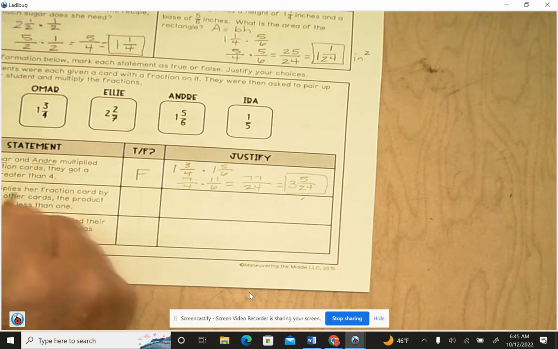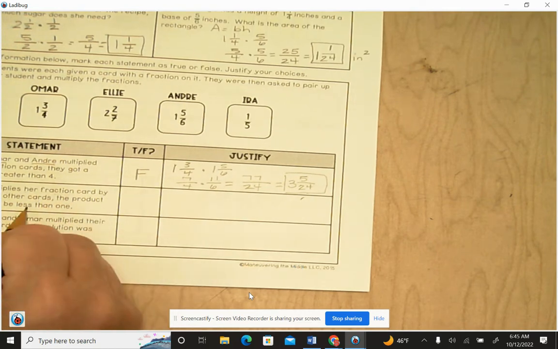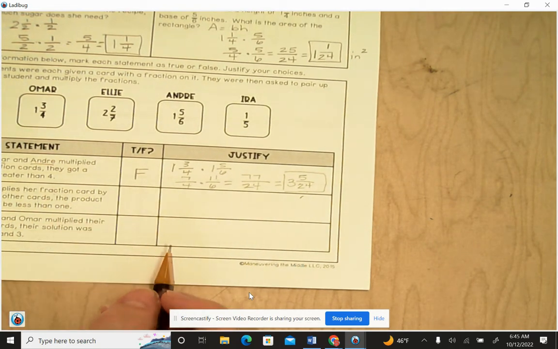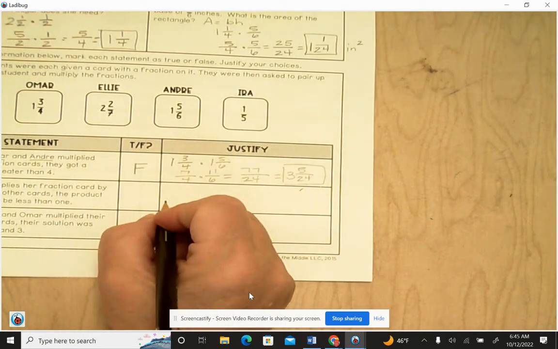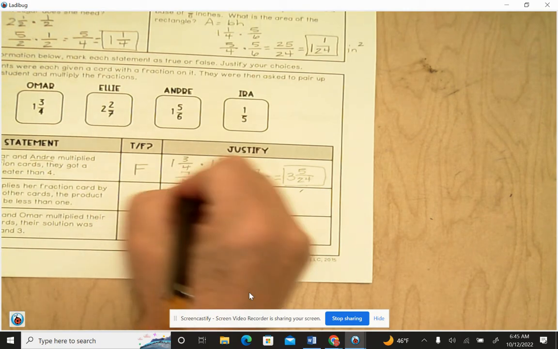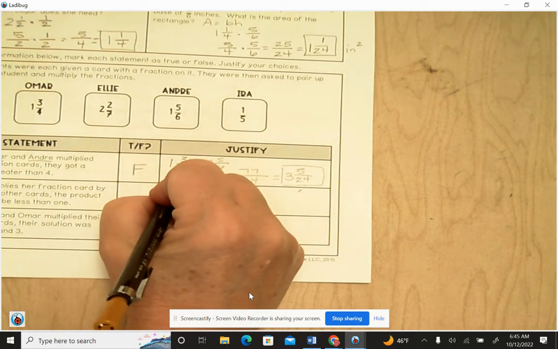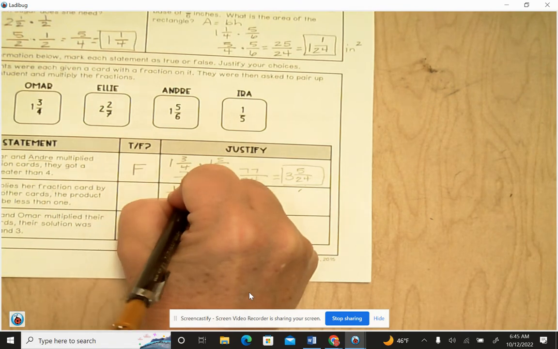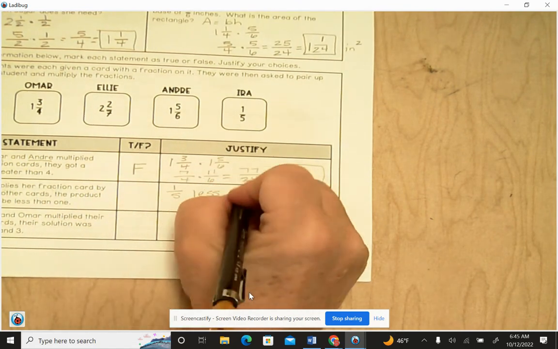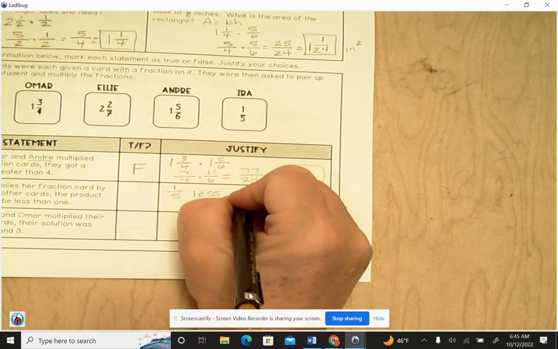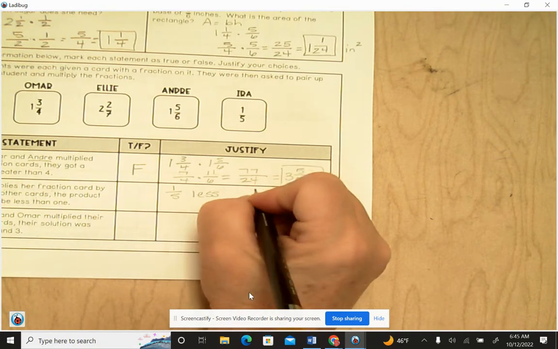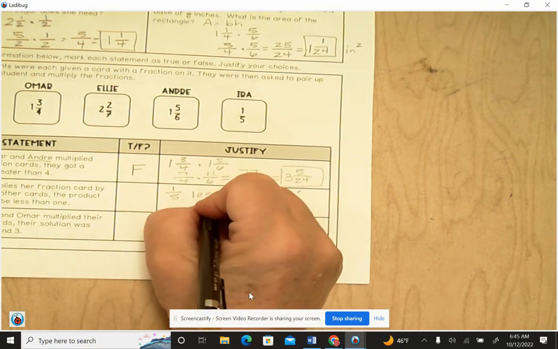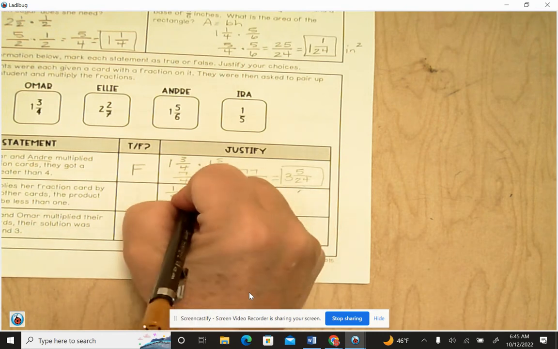If Ira multiplies her fraction card by any of the other cards, the product will always be less than 1. So ours is 1/5. So if you multiply Ira's card by any of the other ones, it's going to be 1/5 of any number, let me change that.